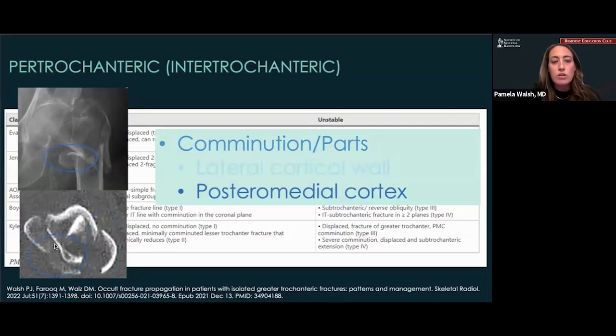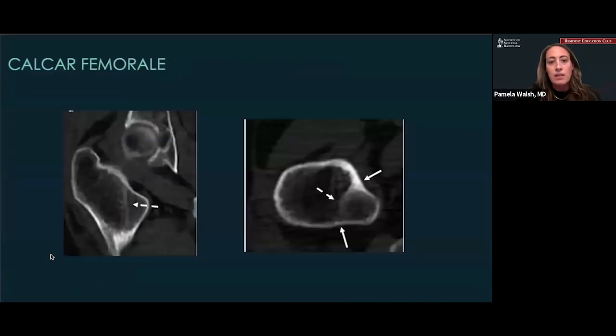And then is the posteromedial cortex fractured, or is it intact? And the posteromedial cortex is in an area where the calcar femorale lives, which is this little dense buttress of bone, and that's an important stabilizer for the hip. So when that's markedly comminuted, then that's a feature of instability, and that kind of helps the surgeon decide, again, what kind of treatment they're going to do.